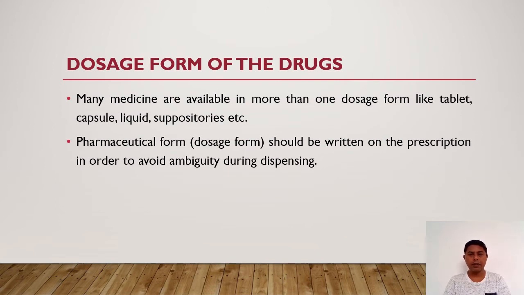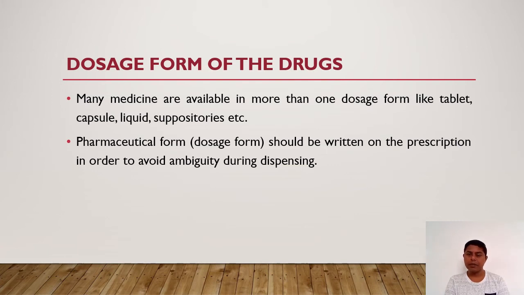Dosage form of the drug is another source of error. Many medicines are available in more than one dosage form, like tablet, capsule, liquids, and suppository forms. The pharmaceutical form, that is the dosage form, should be written on the prescription in order to avoid ambiguity during dispensing.